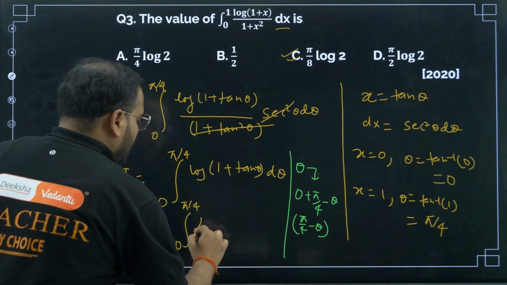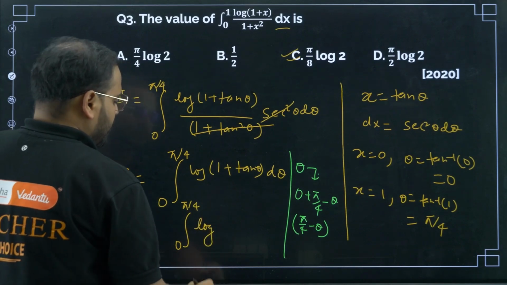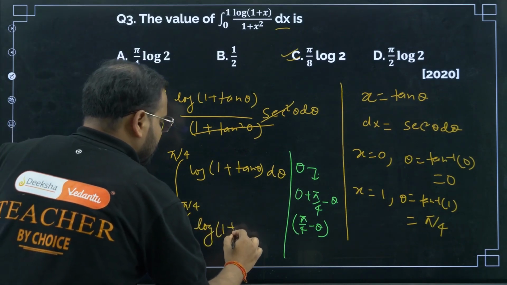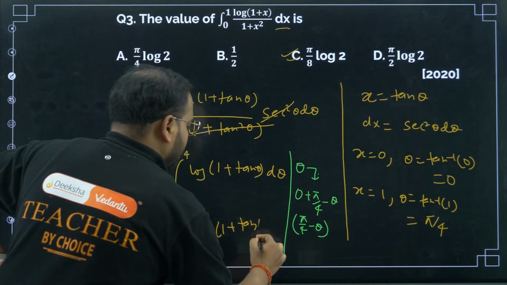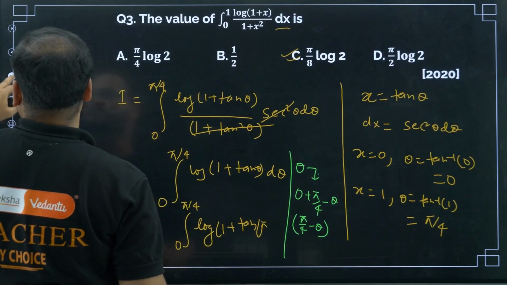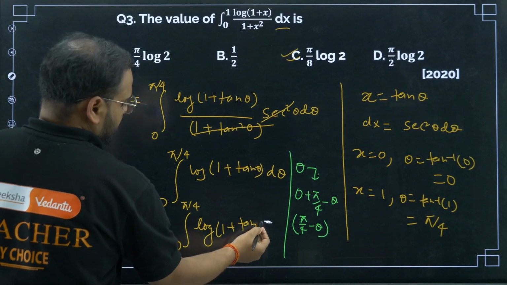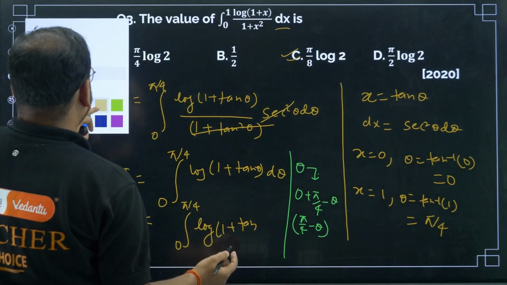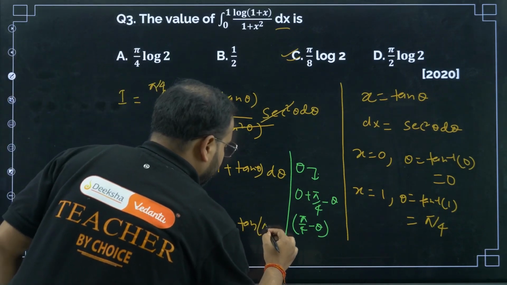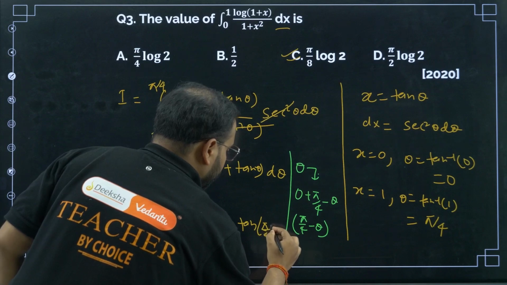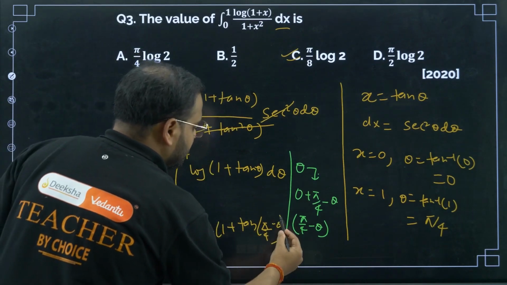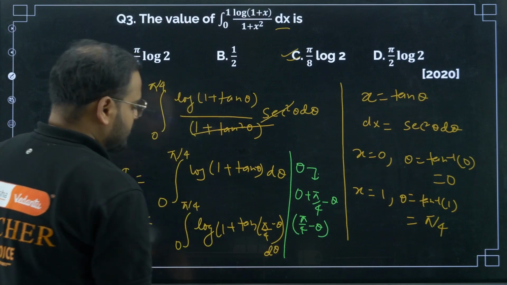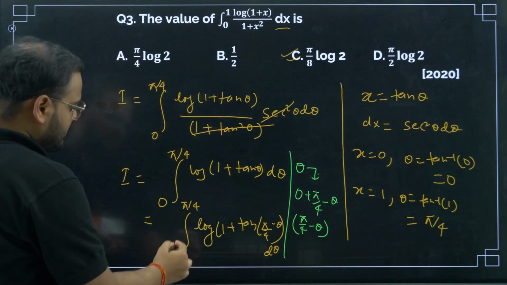What will this be? Log of 1 plus tan, and instead of theta I can write pi by 4 minus theta, with d theta. So I'll write this integration again on this side.